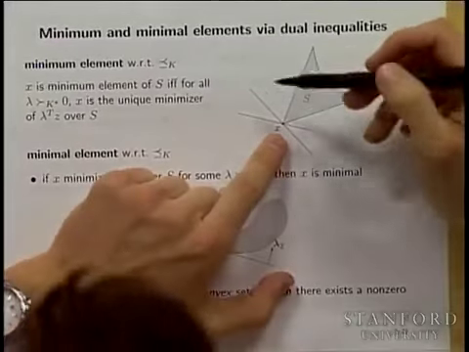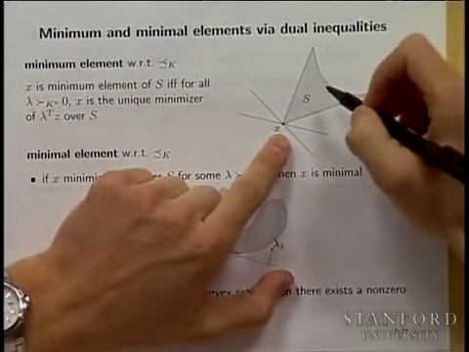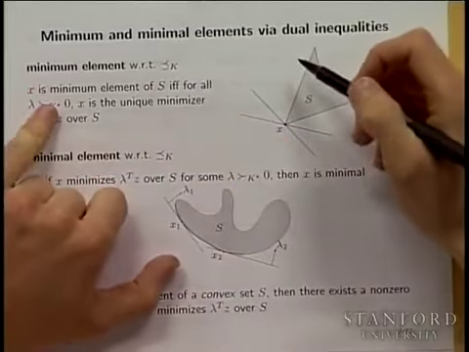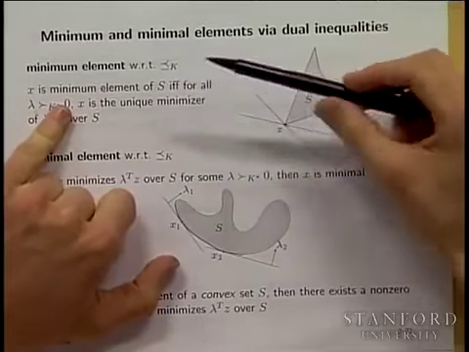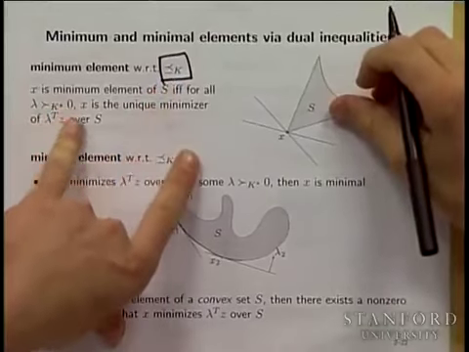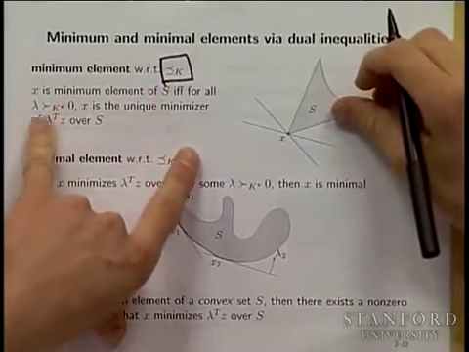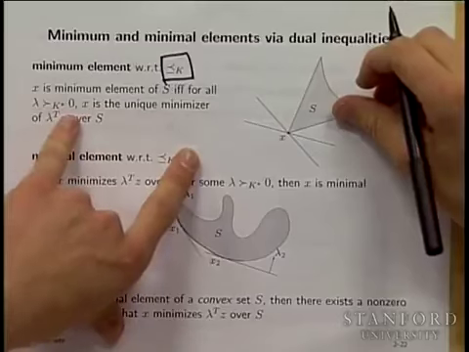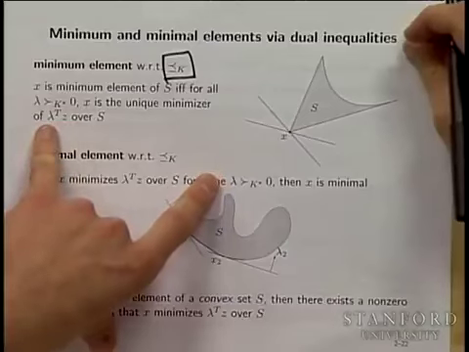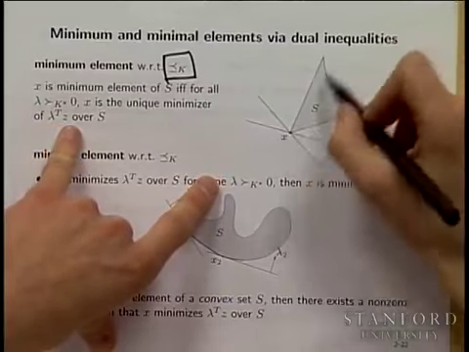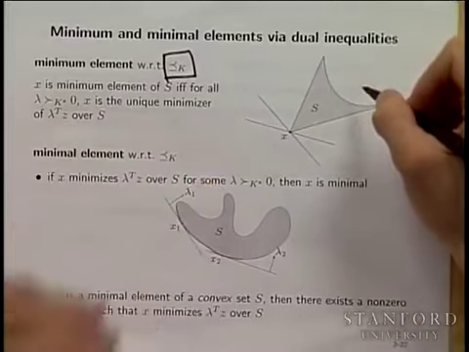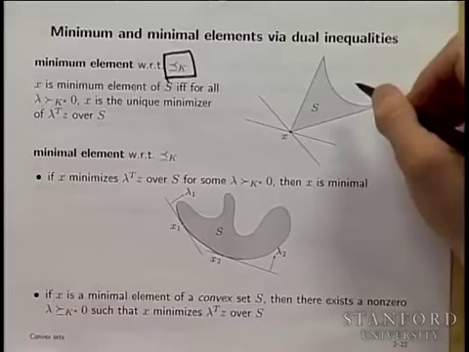We have some set S. We know nothing about this set, but let's say that x is the minimum element of S. Now that is true with respect to this generalized inequality. x is the minimum if and only if for all lambda that are strictly in the dual cone, x is the unique minimizer of lambda transpose z over S. Then x is the minimum element.